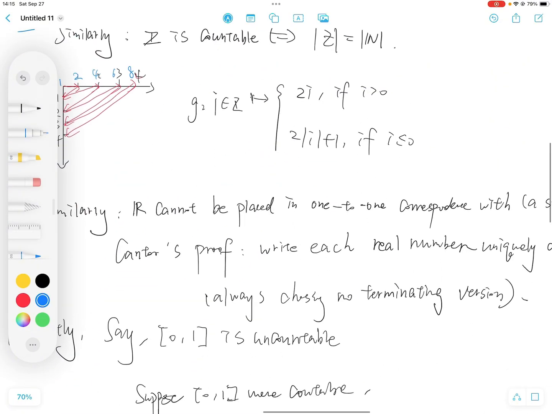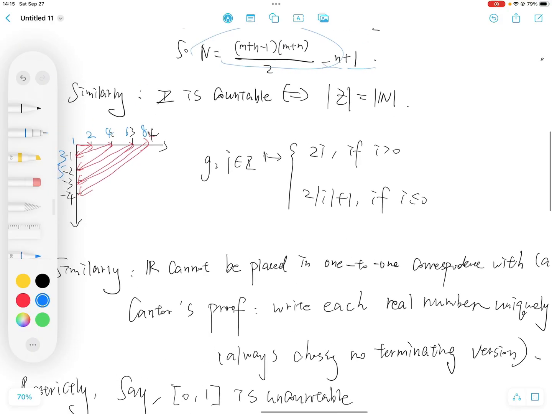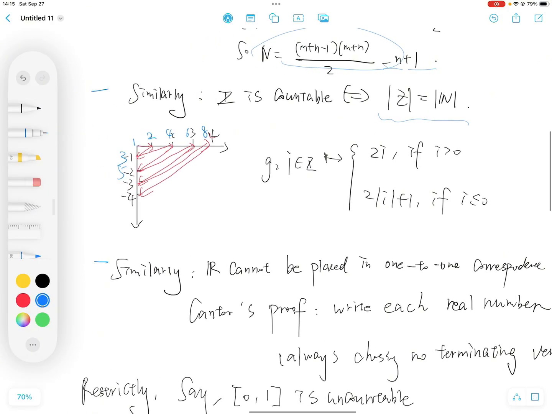And similarly, we could also give another example, which is that the integer set Z is countable. I will also prove this. I will draw this. Also, it's not well drawn, but it's totally the same idea. Each point on this integer axis should correspond to one natural number.